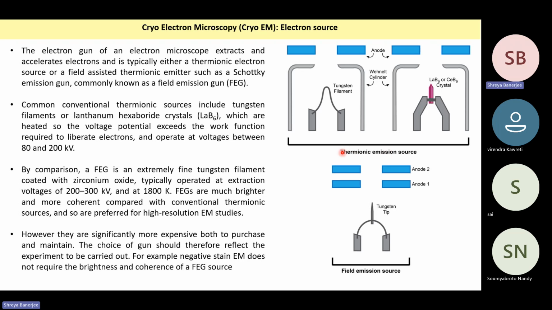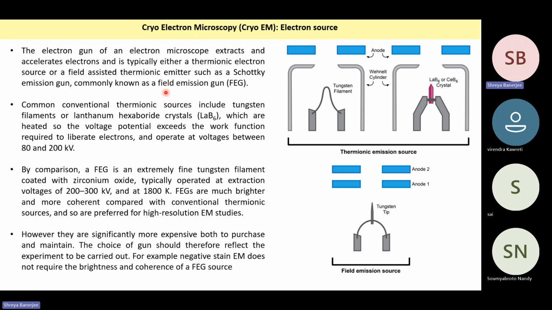So this is a thermionic emission source where only by heating the electrons are being emitted, and this is a field emission source where the emission is happening because the electron is negative and the anodes are positive. So the positive charge from the anode is pulling the electrons away from the tungsten. So this is called a field emission source or field emission gun or FEG.